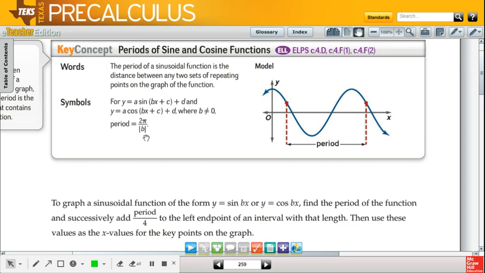So when you find your b value, which is the coefficient of x, you take the absolute value of it and you put it as the denominator below 2 pi.